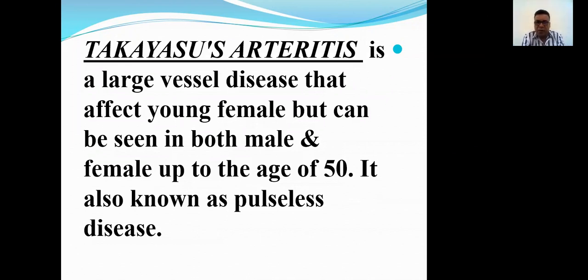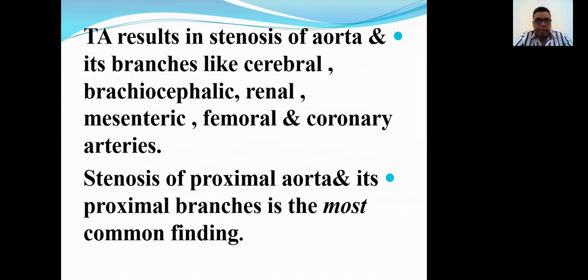Memorize Kawasaki and Takayasu. Takayasu is a pulseless disease that involves the aorta and its branches. The branches can be brachiocephalic, renal, mesenteric, femoral, or coronary arteries. All of them can be involved in the pulseless disease or Takayasu. Memorize T: it is a large vessel vasculitis or pulseless disease.